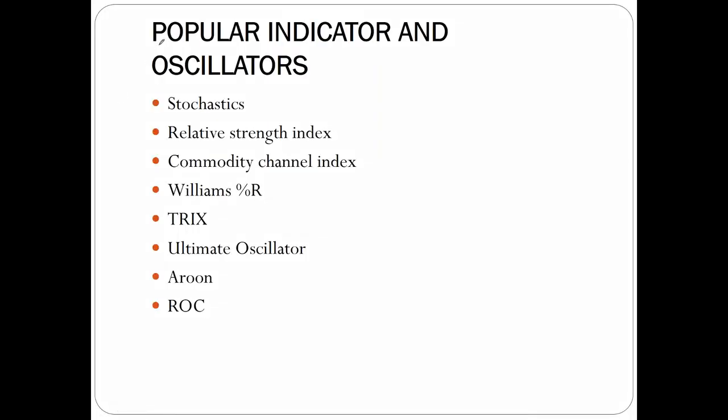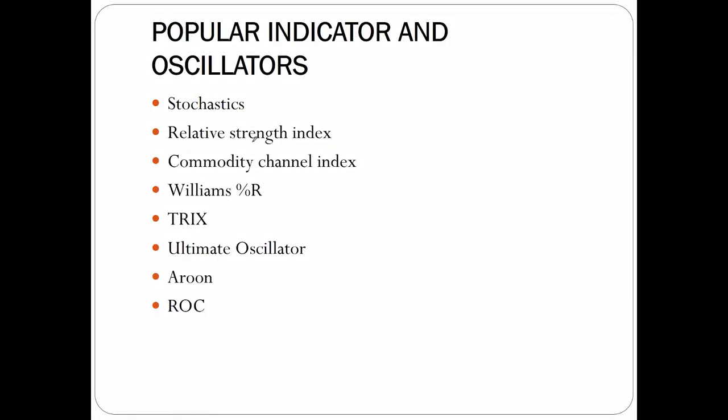So the popular indicators and oscillators are stochastics, relative strength index, the CCI, commodity channel index, the Williams percentage R, the TRIX, the ultimate oscillator, the Aroon indicator, and the ROC. These are the most popular and most widely used indicators in technical analysis.